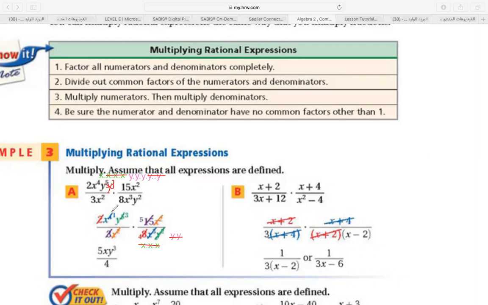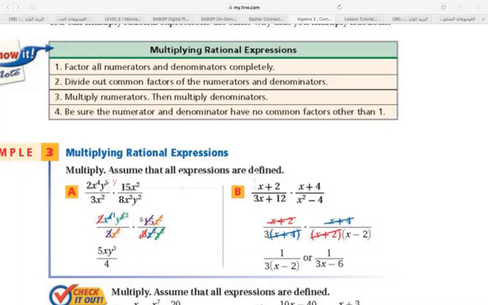Okay. So I finished the x, and I prefer that when you finish, you cross out and you write what is left for you here. Let me write it in A. When you have finished, what is left here?